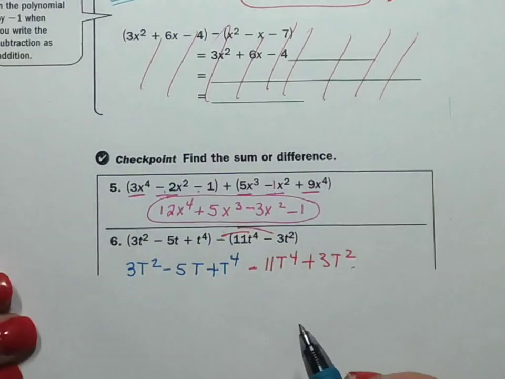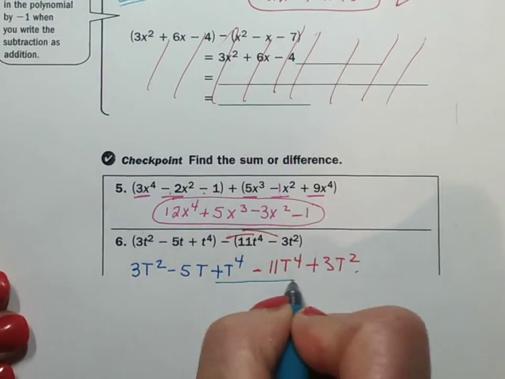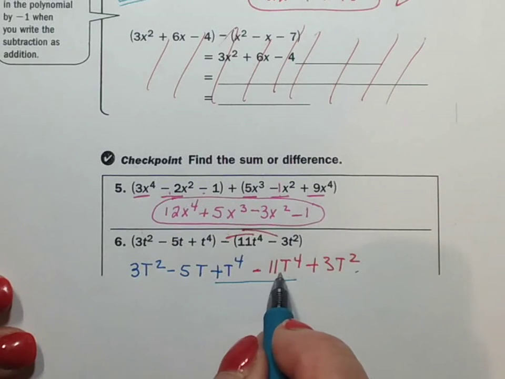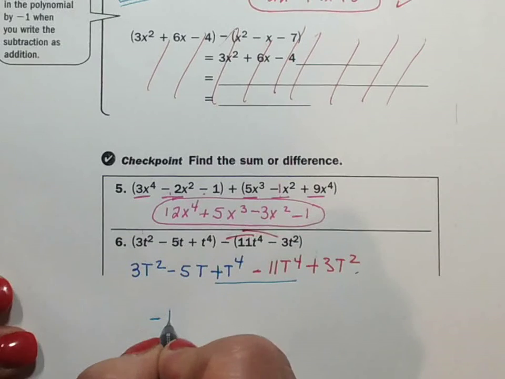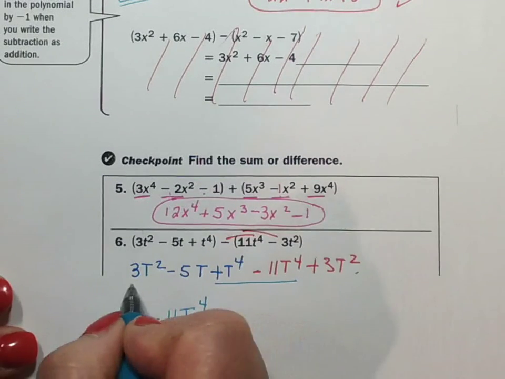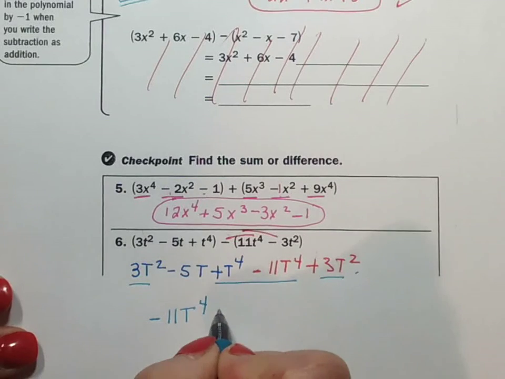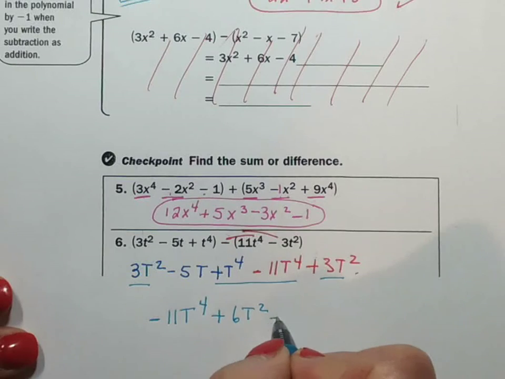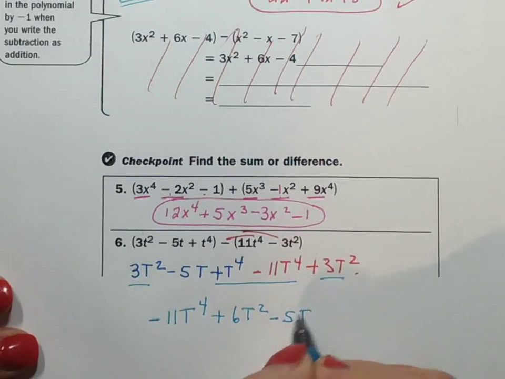I'm now going to combine like terms by adding the ones starting with my highest exponent. So 1 minus 11 gives us negative 11t to the 4th. Add these, plus 6t squared minus 5t.